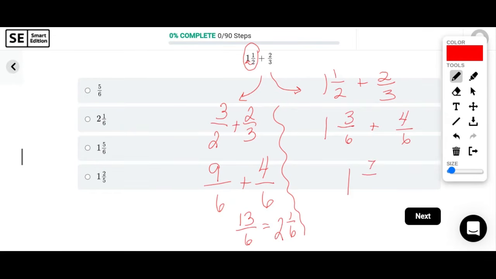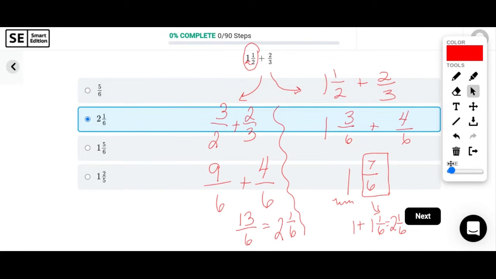So I'll add these together and I'll get 1 7/6. 1 7/6 has an improper fraction within it, so I need to change this to a mixed number itself. So this is really the same as 1 1/6, but don't forget we have one more already from right here. So again, we get 2 1/6. 2 different ways to solve. You choose the one that works for you.